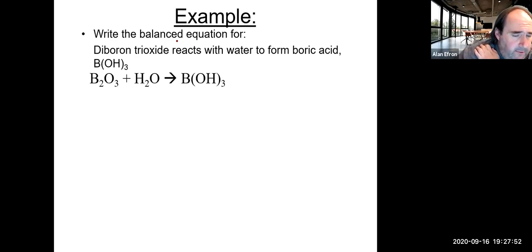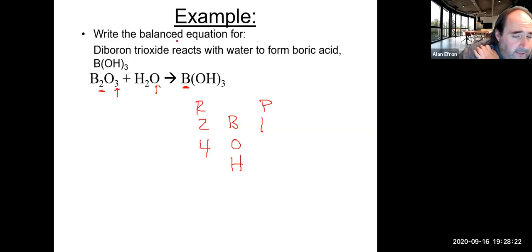So same approach. We want to make a little table, and we got B, O, and H. So on the left-hand side, in terms of our B, we have 2. Right-hand side, again, as the question was asked, the 3 does not go for the B, so there's just one of those guys there. For our oxygen on the left, we have 3 here and 1 here, which gives us 4 on the left-hand side.